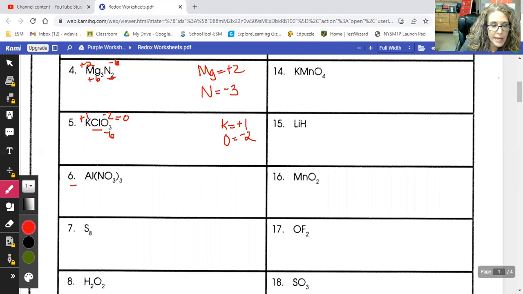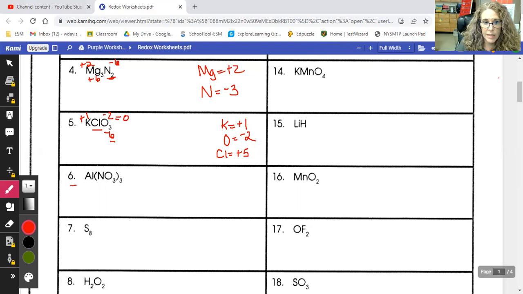Well, I need a positive 6 to balance out a -6, and I already have a +1. So in this case, my chlorine is going to be a positive 5, because a positive 5 plus a positive 1 is positive 6, then 3 -2s is equal to the -6.